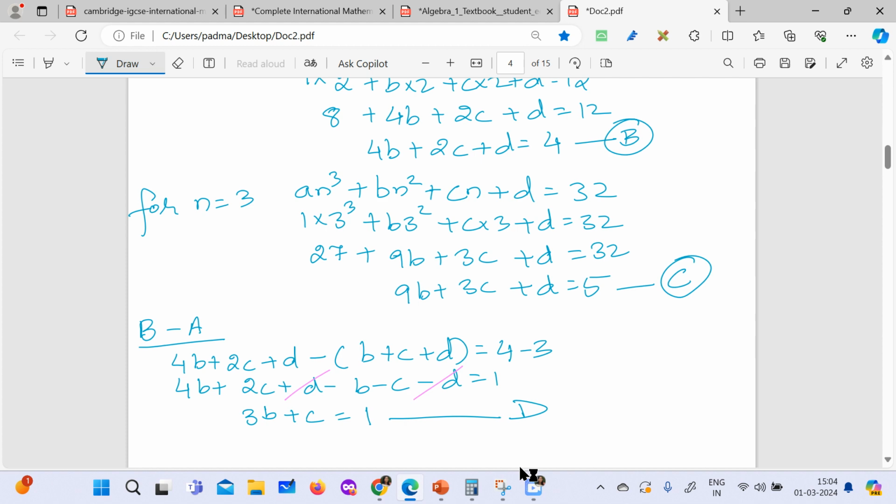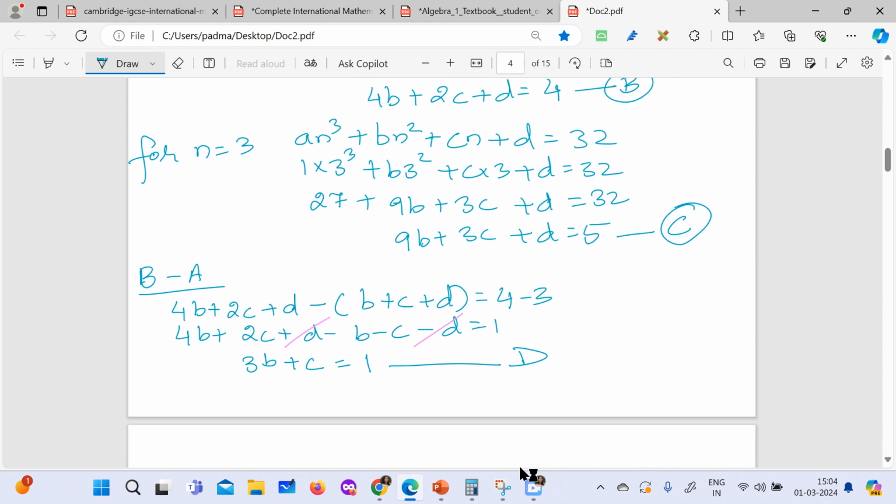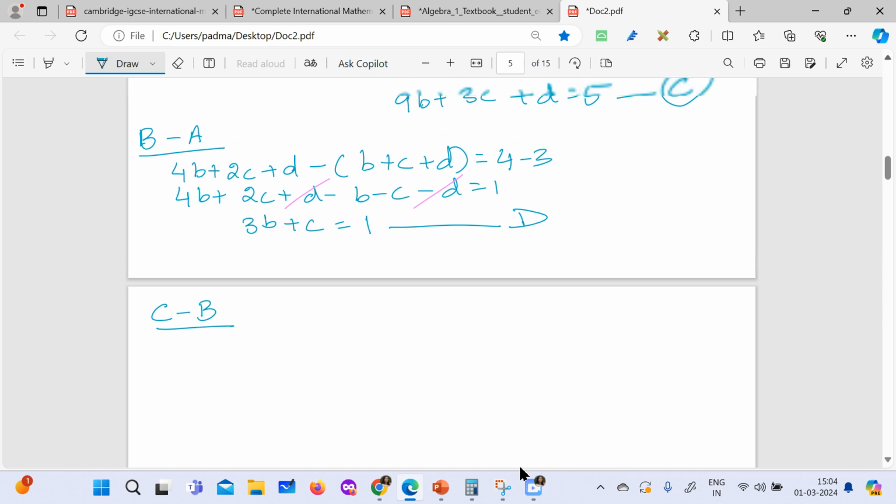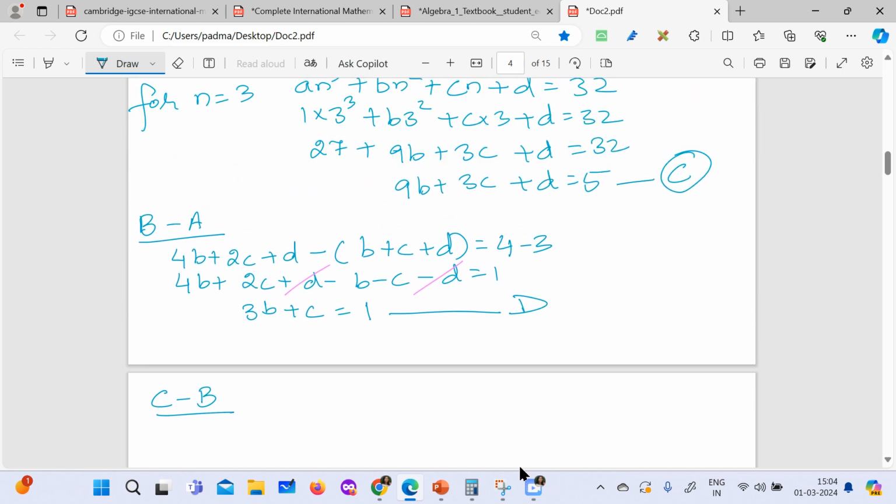Now the next step is C minus B. So let's see what C is here. C is 9b plus 3c plus d is equal to 5, minus B, 4b plus 2c plus d is equal to 4. So 5 minus 4 we do.